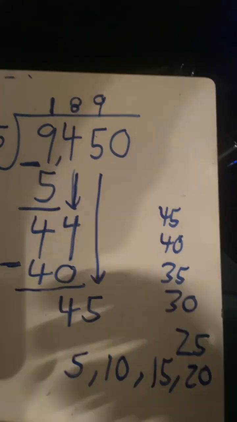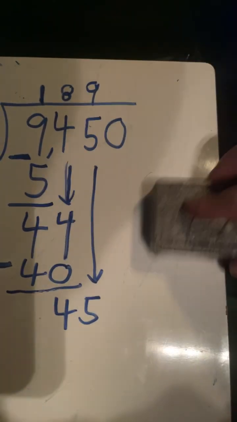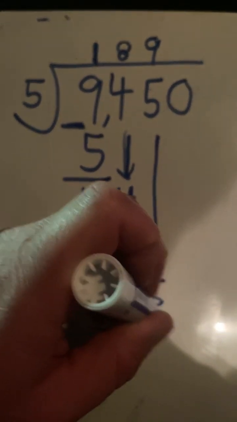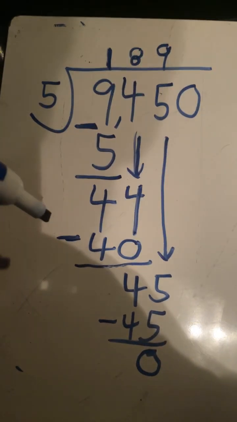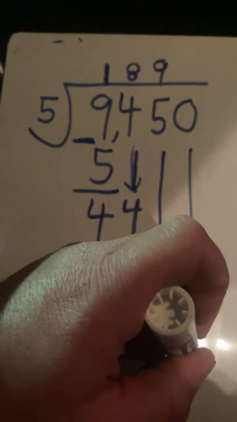Now we have to subtract 45 minus 45. 45 minus 45 equals 0. Bringing down the 0.